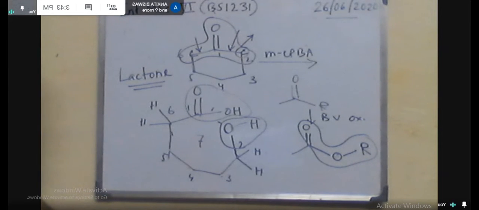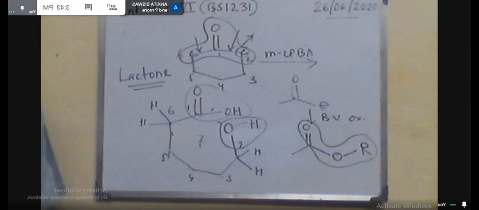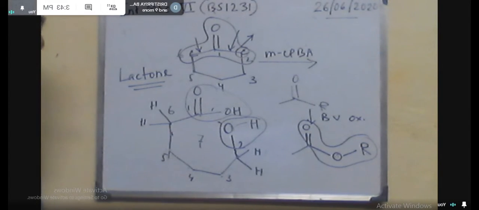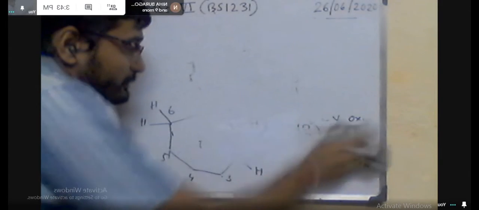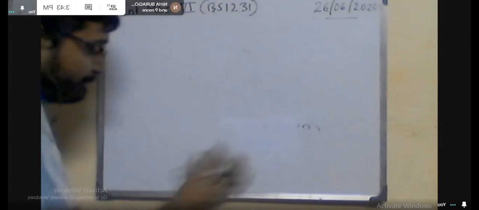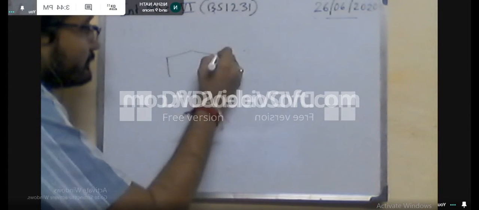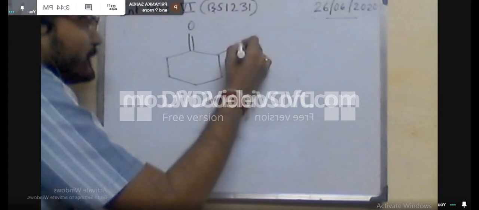Now, in this case you can see in between these two carbons, if I isolate this position, this carbon contains one CH3, one hydrogen and another carbon, and this carbon contains hydrogen, hydrogen, carbon.